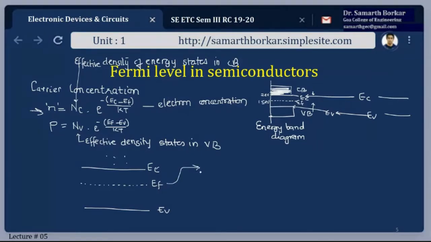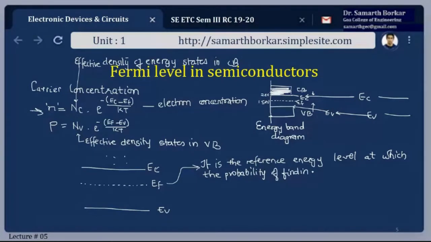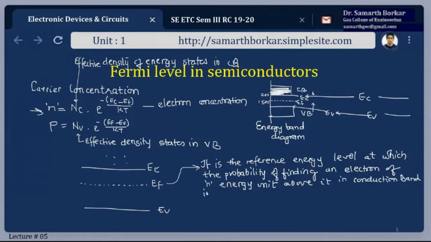It is a reference energy level at which the probability of finding an electron of n energy units above it in the conduction band is equal to the probability of finding a hole.